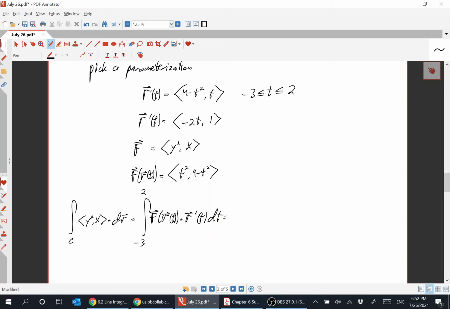That's the way you do the direct calculation. You just have to calculate this dot product. You end up with a scalar function that you're integrating, and then you go from there.